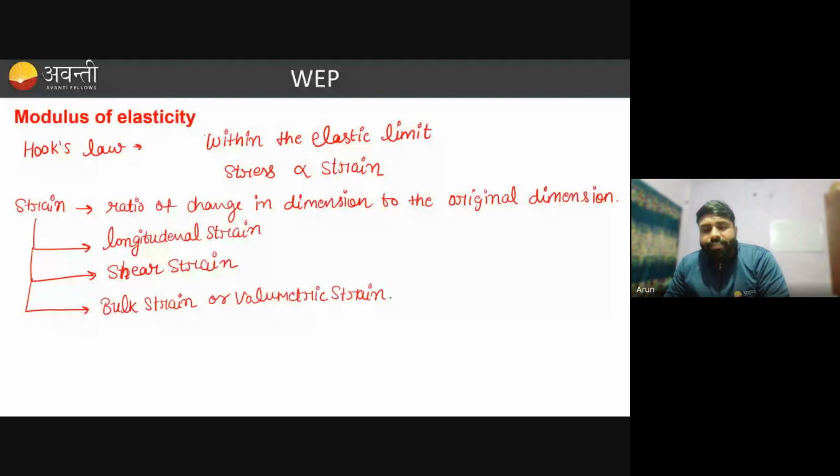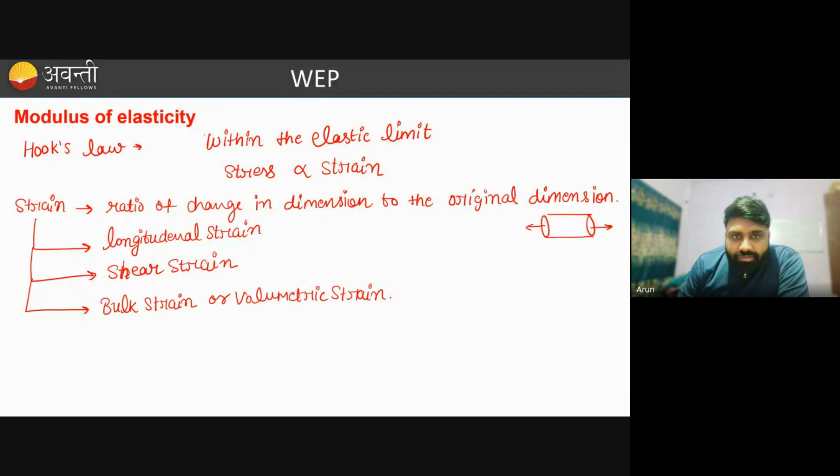In longitudinal strain, the stress is acting perpendicular to the length. So in this, there will be a possibility of change in length. It will be given by change in length divided by original length. In shear strain, when we apply the force, it has a tendency to deform its shape by an angle theta.